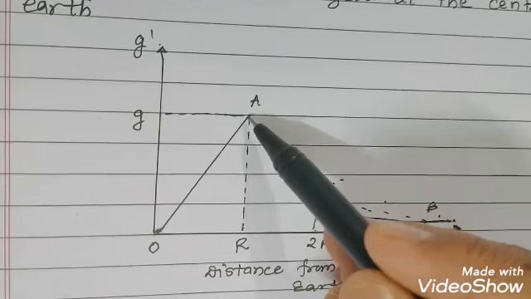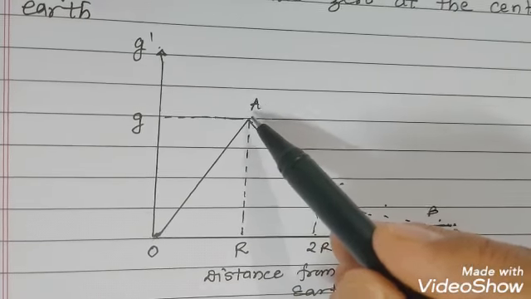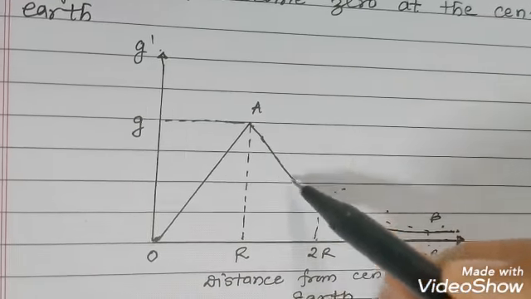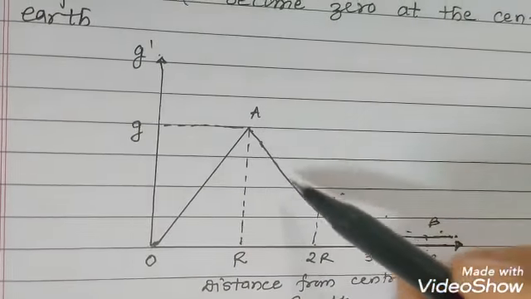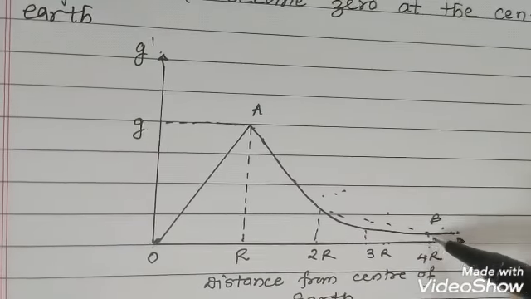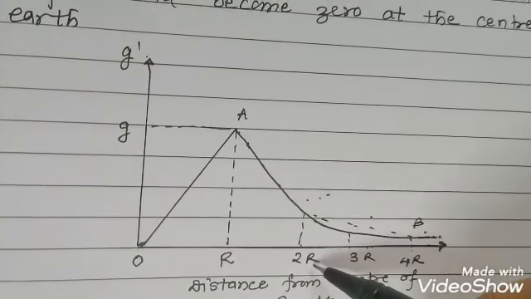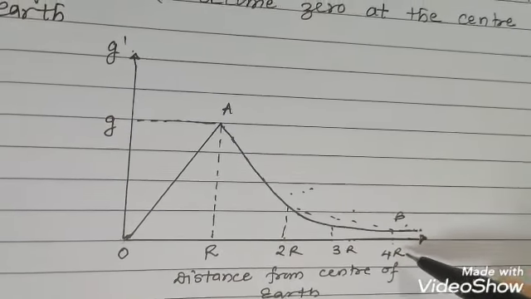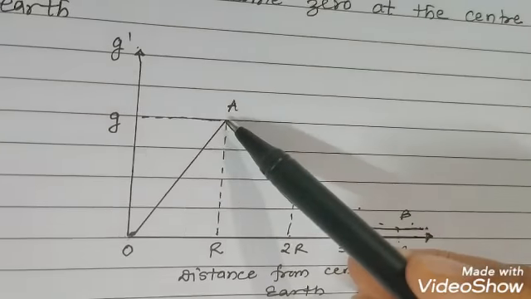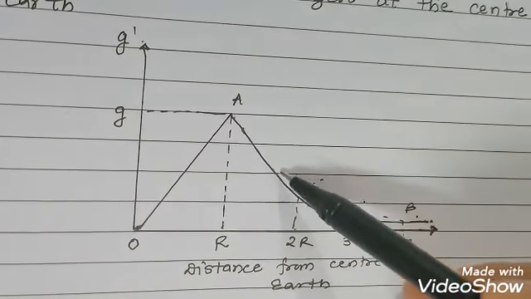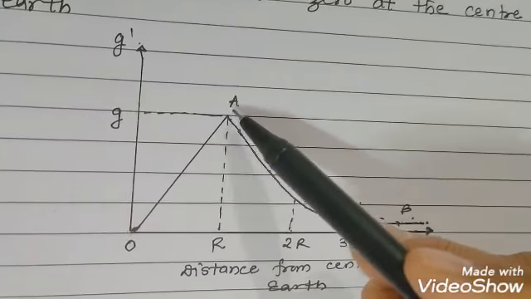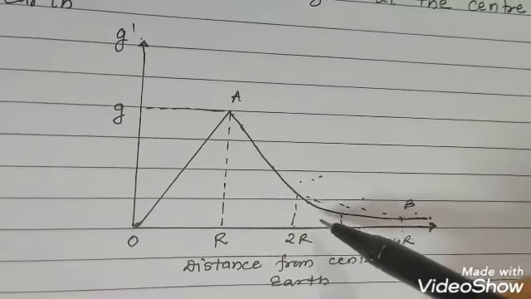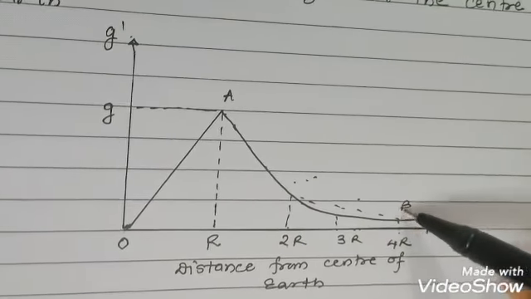Now if you take the object some height from the earth's surface, suppose 2R, or 3R, or 4R, that means double the radius of the earth, triple the radius, or 4 times the radius, gradually you can see that the acceleration due to gravity will reduce, and it will be reduced exponentially from the earth's surface to some height, 2R, 3R or 4R.